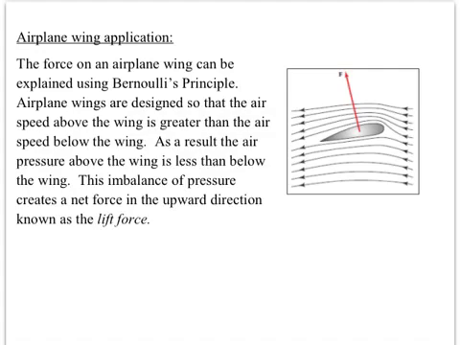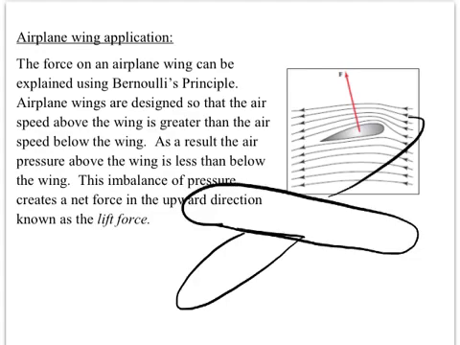So the angle of the actual wing, this is a cross section. Here's what a wing looks like on an airplane. Take a cross-sectional cut of this right here. Cut across and look at it from the side. What you're seeing when you cut across the wing and look into it is this airfoil right here.